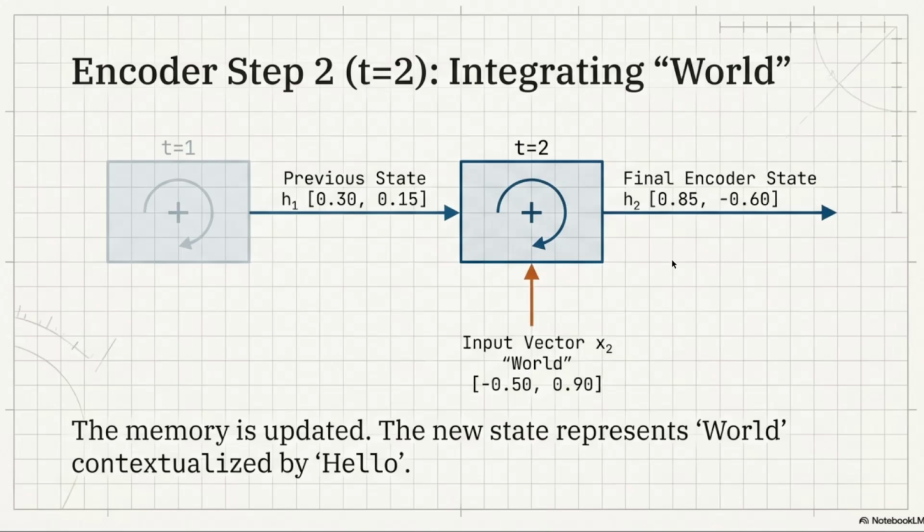After doing the calculations, of course, the network has this output: 0.85, -0.6. This specific vector now represents the word "world" contextualized by the word "hello". So this would represent "hello world".